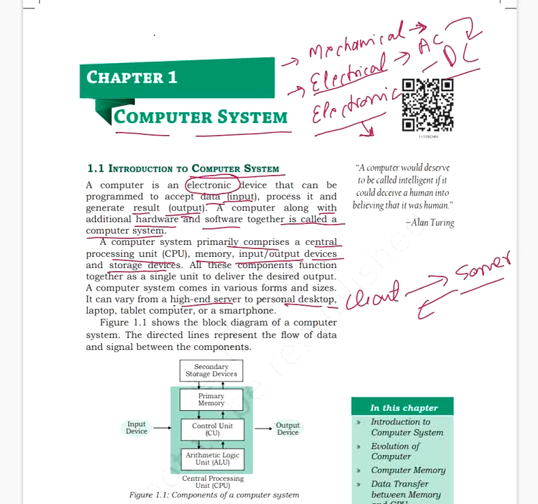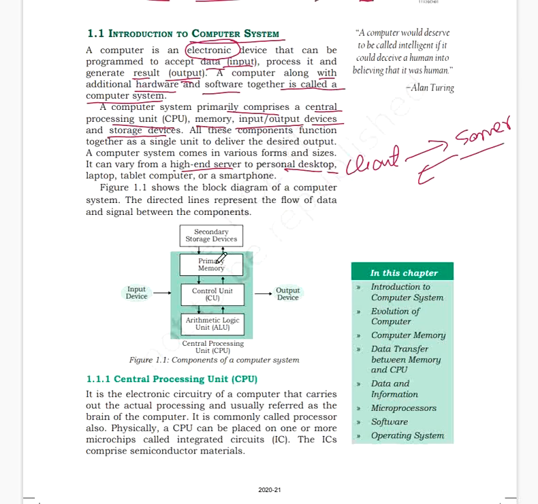As per the diagram, these are the components of the computer system. Here are some input devices like keyboard, mouse, etc. You know very well what input devices are, by which the computer can take input.